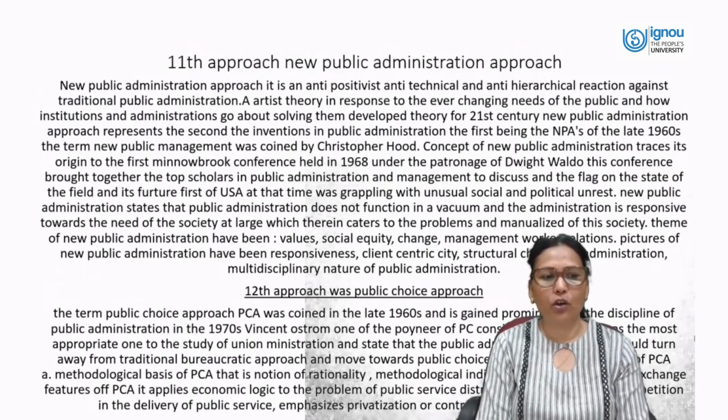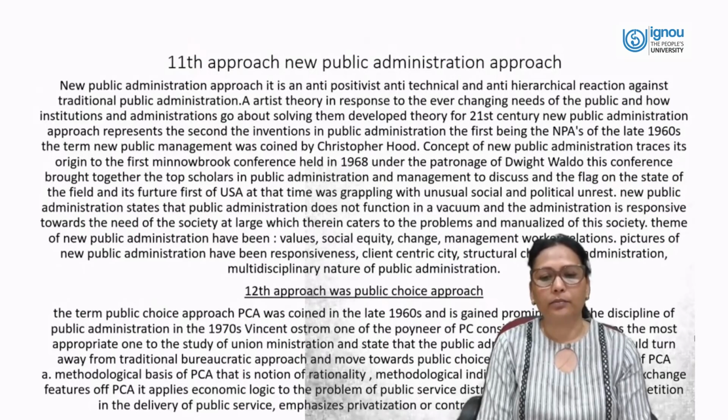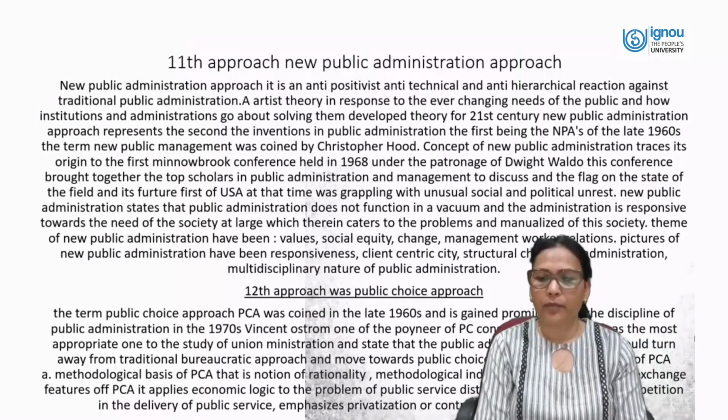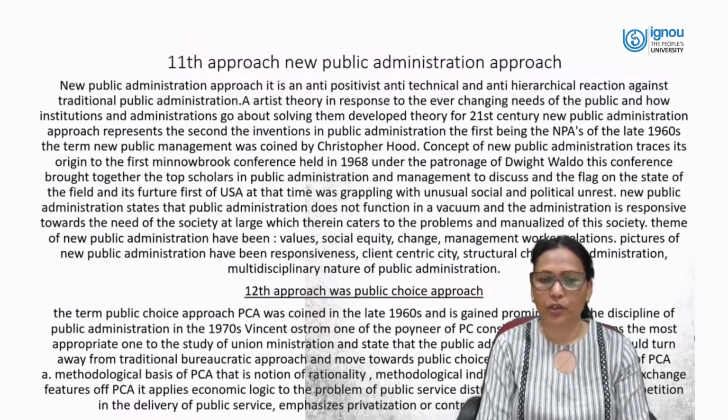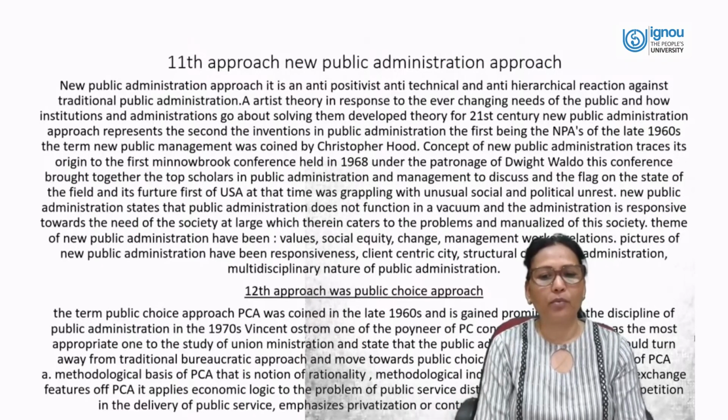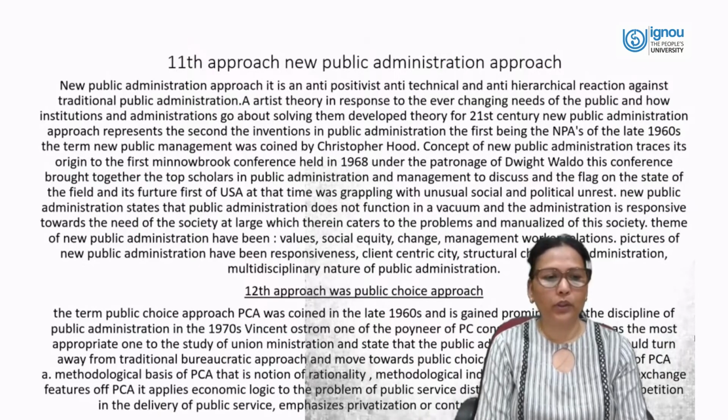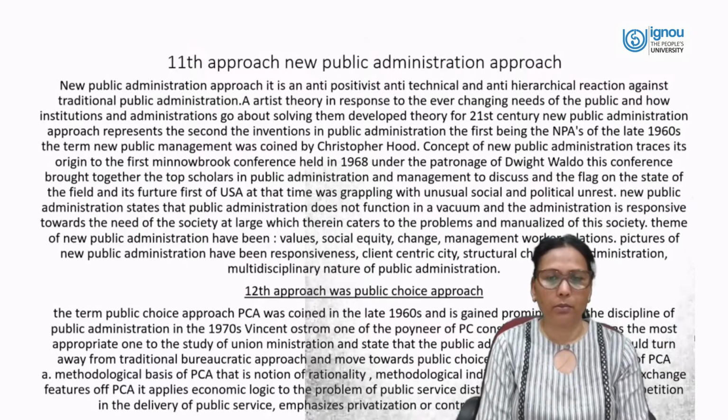Features of new public administration have been responsiveness, client centricity, structural changes in administration, and the multidisciplinary nature of public administration. That was the new public administration approach.